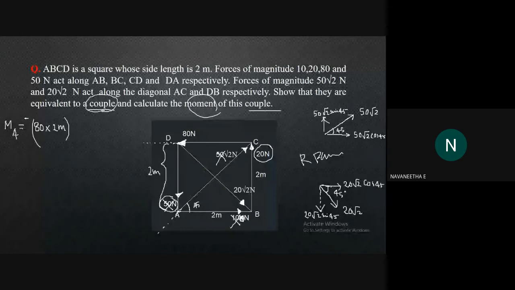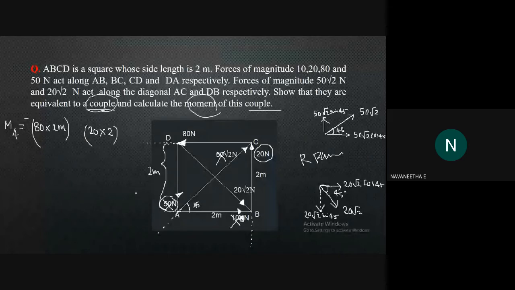So next, 20 Newton. What about 20 Newton? 20 into the perpendicular distance between 20 Newton and point A. This is the line of action, right? What is the perpendicular distance between A and this line of action? It is also 2 meters. So positive or negative sign?